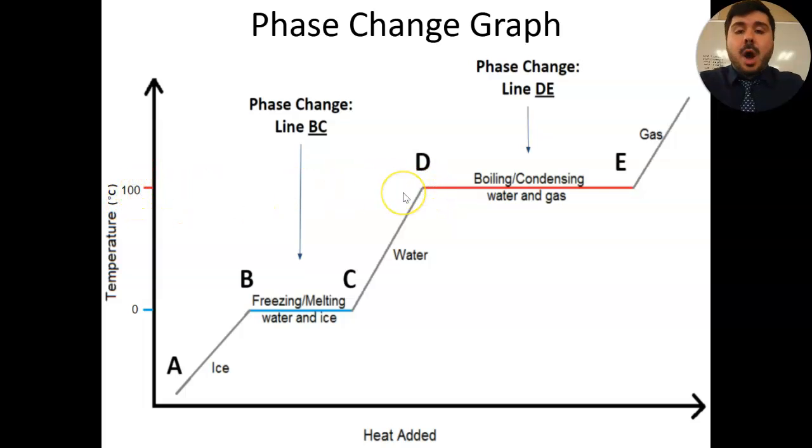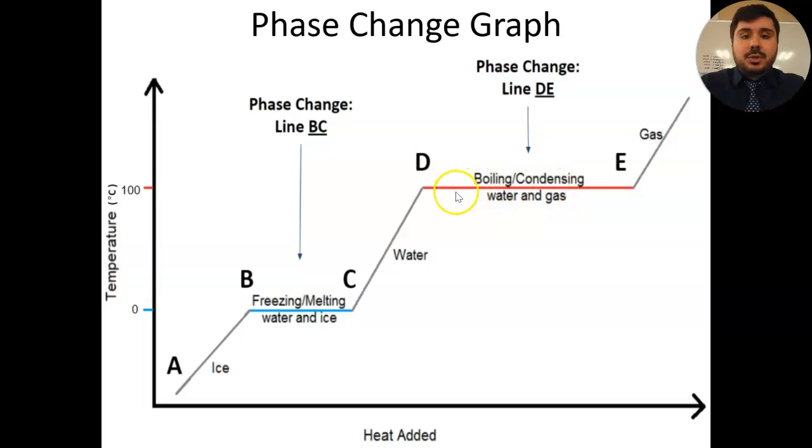And as we know, 100 degrees Celsius is exactly when boiling occurs with water. So line DE represents another flat line region where that boiling starts to occur. Our state of matter changes from liquid at D to gas at point E. And again, the temperature is remaining exactly the same.